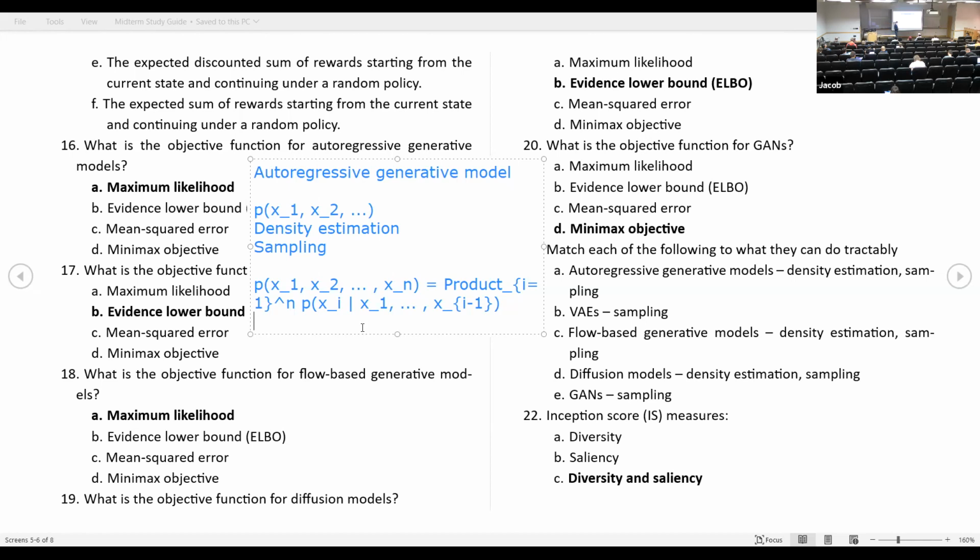And so to sum that up, to do density estimation for flow-based models, we take an X, pass it backwards to get a Z, and then get the probability of the Z vector under a normal distribution. Okay, how about for sampling?